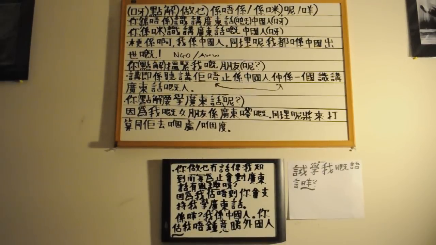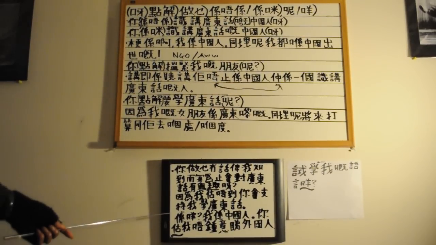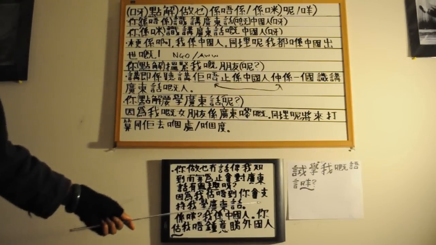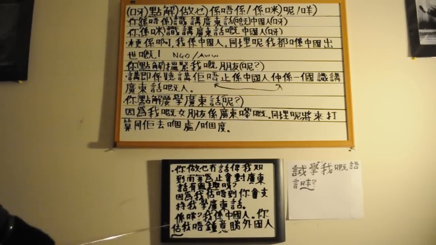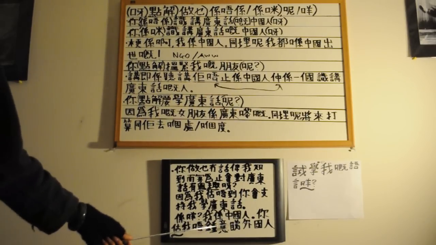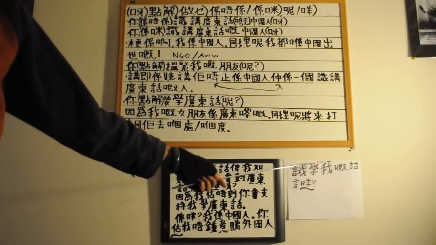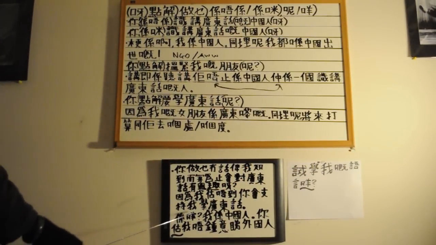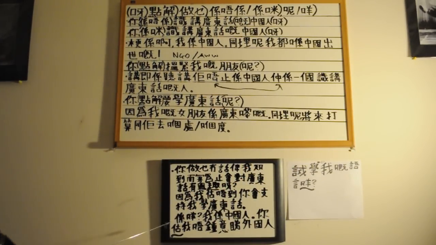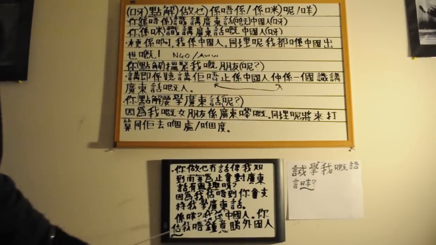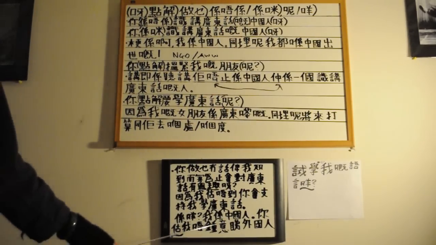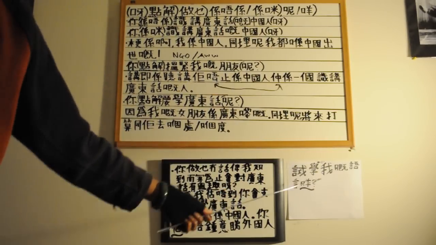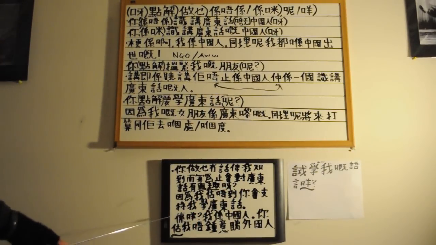Okay, let's move along. 係咩？我係中國人。你估我唔中意睇外國人試學我嘅語言咩？ Let me translate it first.